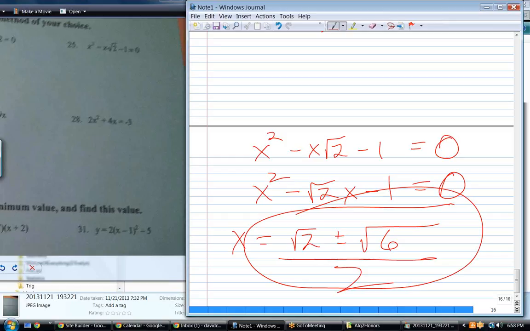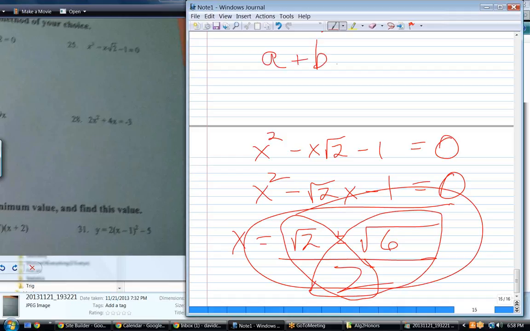Does he want all of your answers in a plus bi format? In other words, I could switch this into two fractions, and when you work with complex numbers more, you'll know that the standard format for a complex number is a plus bi. This answer is not a complex number, but an irrational number. So I can imagine that somebody might want to see it like this.